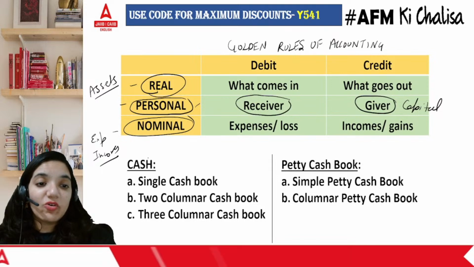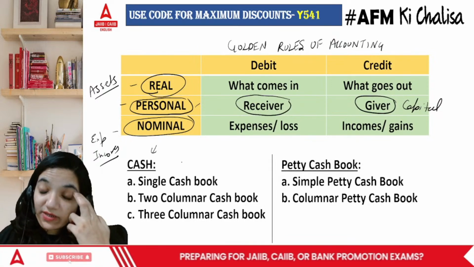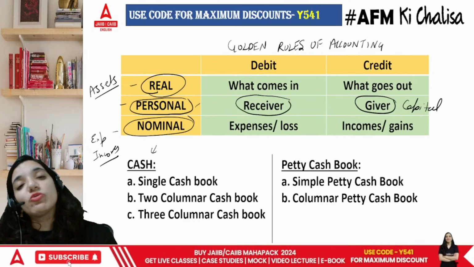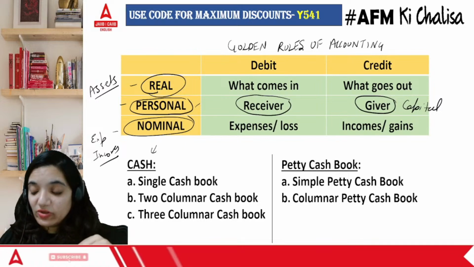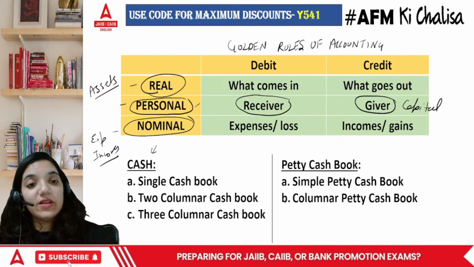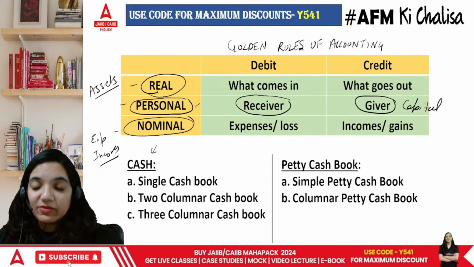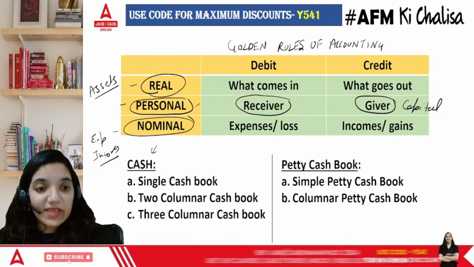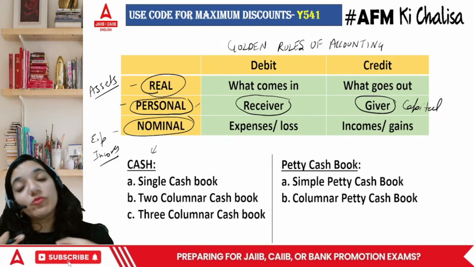Next part is called cash, and when we talk about cash here, cash is sometimes noted in the journal, right? Normally we take individual transactions of whatever happens in your journal, but sometimes we do not follow this. Sometimes we follow the cash on the basis of a specific notebook that is created.